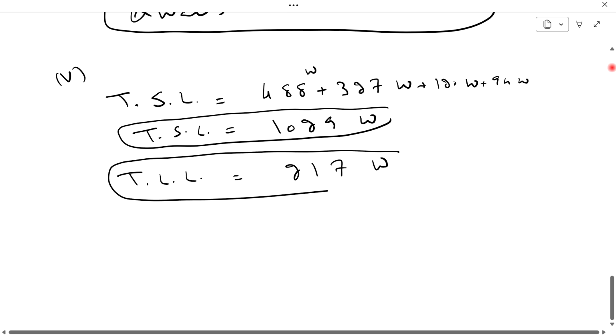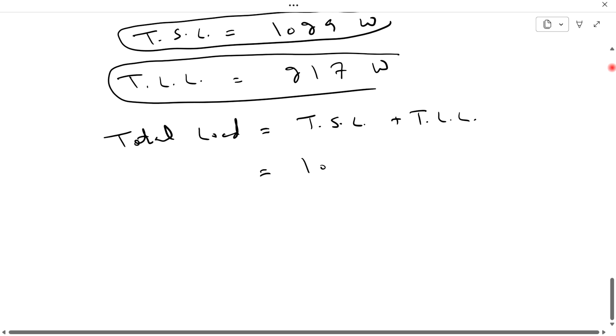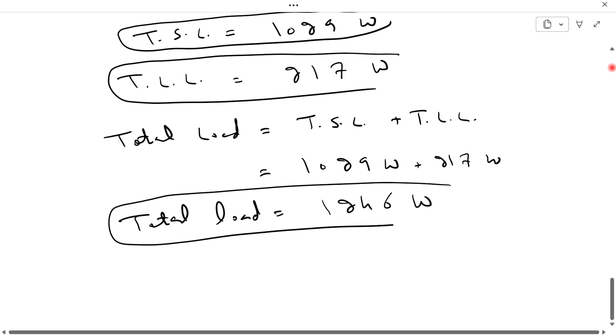So total load is equal to total sensible load plus total latent load, which is equal to 1029 watt plus 217 watt. So total load is equal to 1246 watt, and hence the problem is solved.